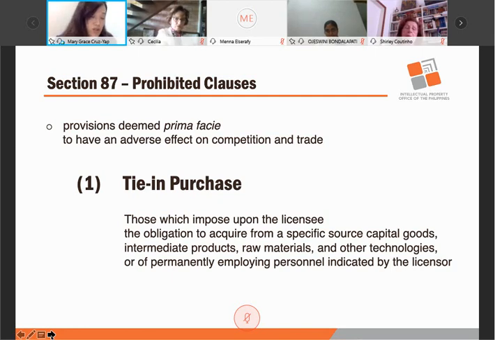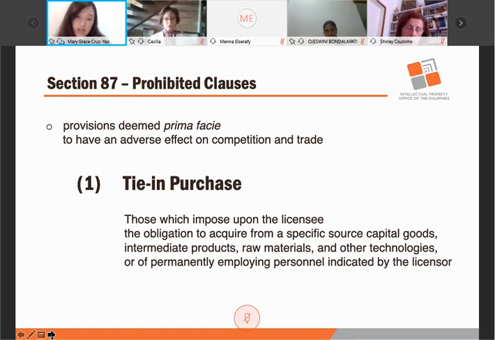The first prohibited clause is a tie-in purchase. What are tie-in purchases? These are clauses which impose upon the licensee the obligation to acquire from a specific source capital goods, intermediate products, raw materials, and other technologies. If you have a tie-in purchase, that will be flagged down.